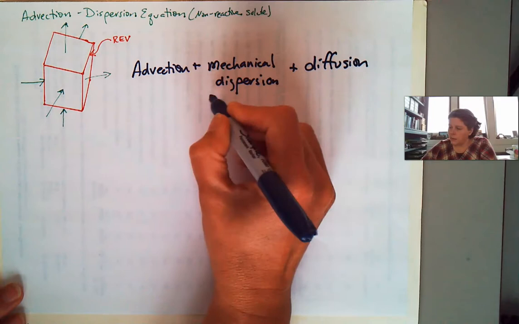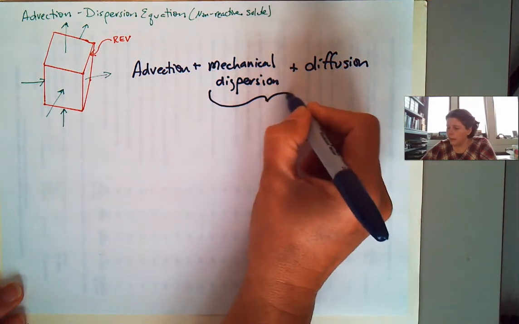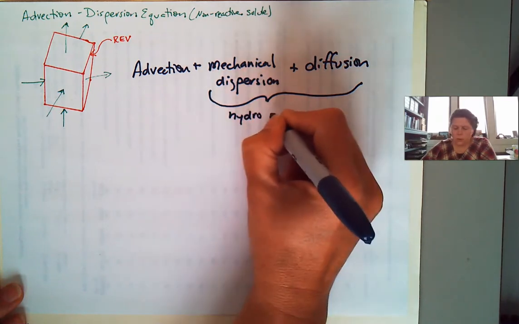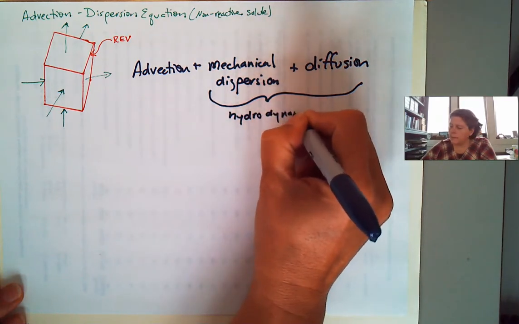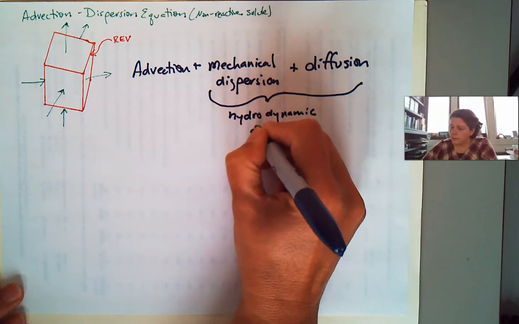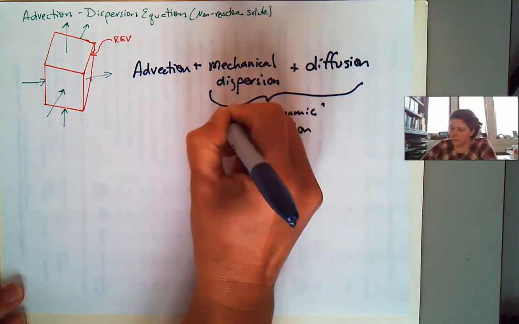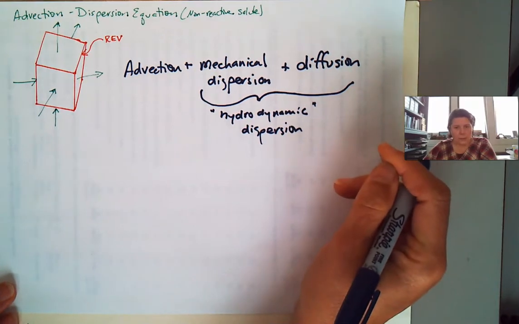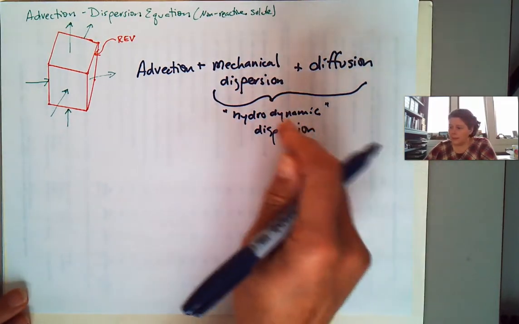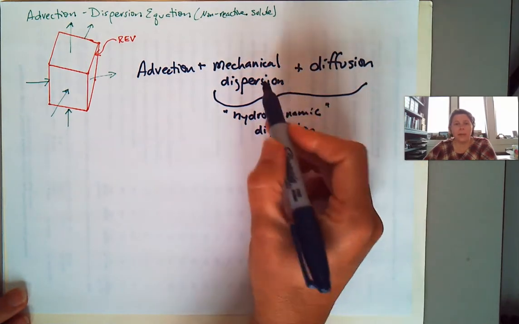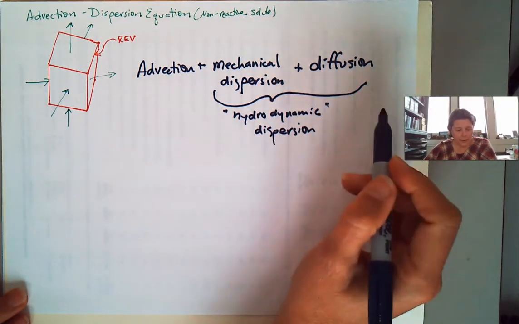These two together are what are referred to as hydrodynamic dispersion. So this is the advection dispersion equation. These are the two parts that make up dispersion: mechanical dispersion and diffusion together.